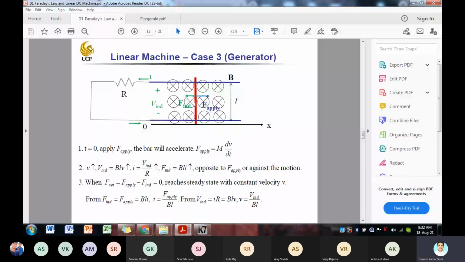Now suppose that due to this applied force there will also be acceleration, and depending on the acceleration there will be a movement, the velocity, and due to the velocity there will be an induced voltage. Now this induced voltage is across a resistance, and so current I is given by V induced by R.